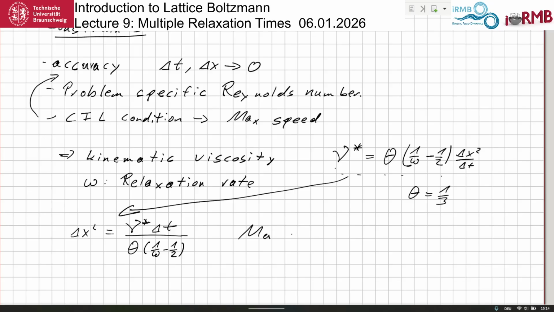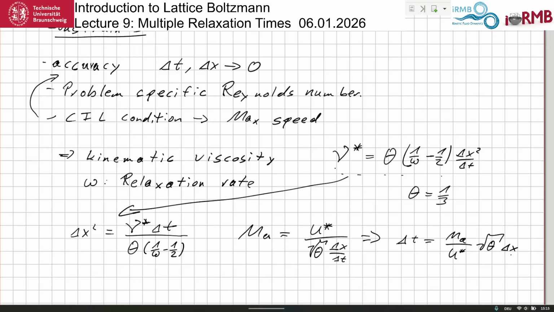Then we have a Mach number. The Mach number is our velocity scale in real units divided by the speed of sound, and the speed of sound is the square root of theta with the dimensions of the lattice velocity, so delta x by delta t. We can put delta t to the other side. This is delta t being Mach number divided by velocity scale times theta times delta x.